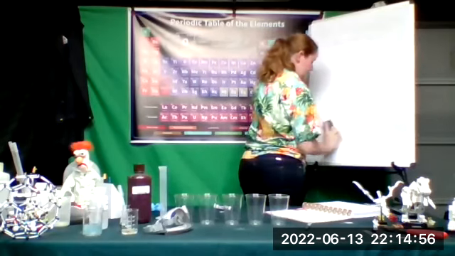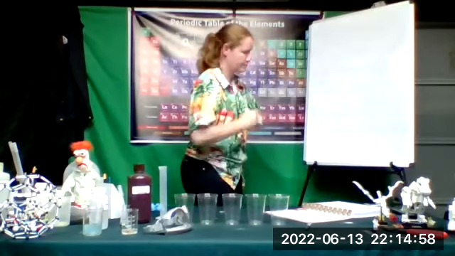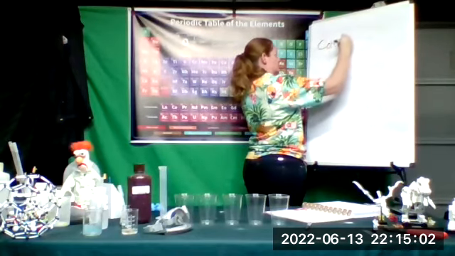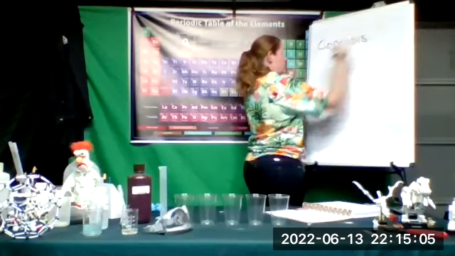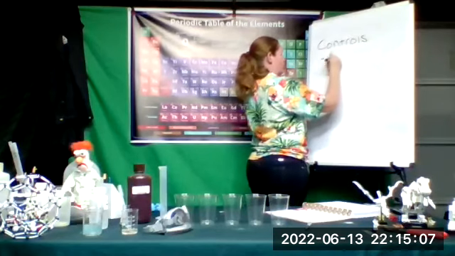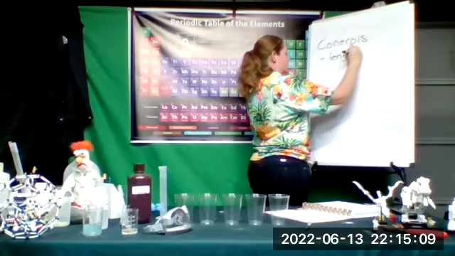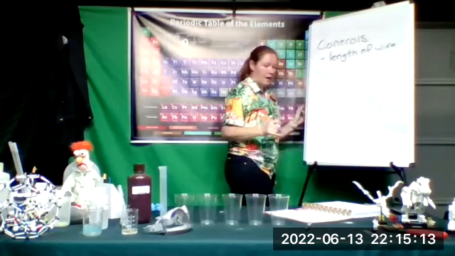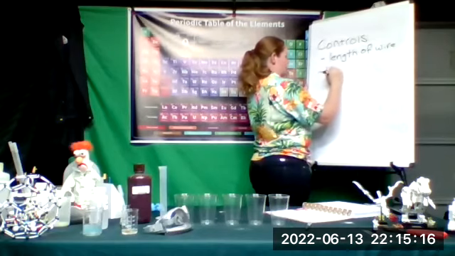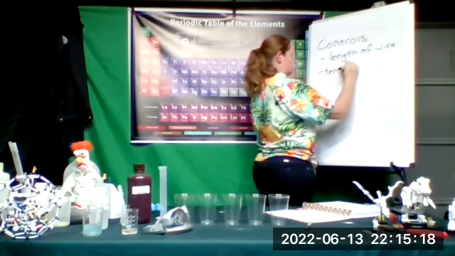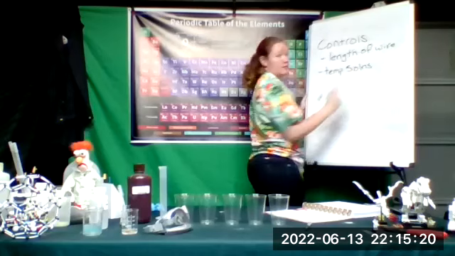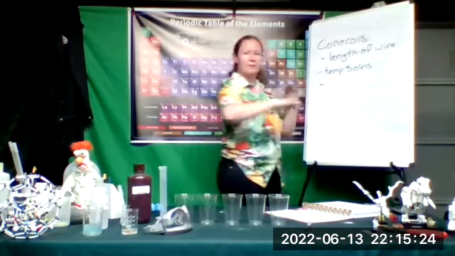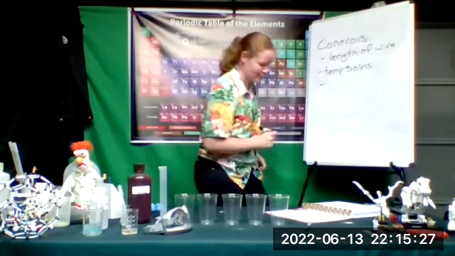So let's see here, my controls. Okay, so my controls are my length of wire. My temperature in my garage, or temperature of the solutions, because that just depends on whatever's in my garage. I can't exactly temperature control my garage, but the point is they'll all be at the same temperature, so that's the control.